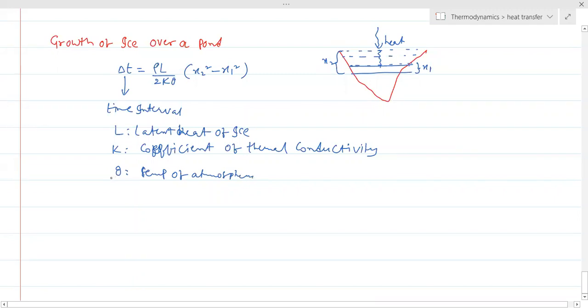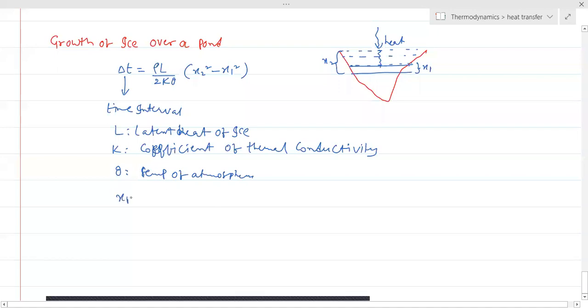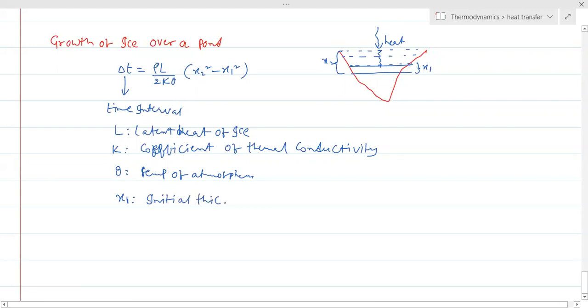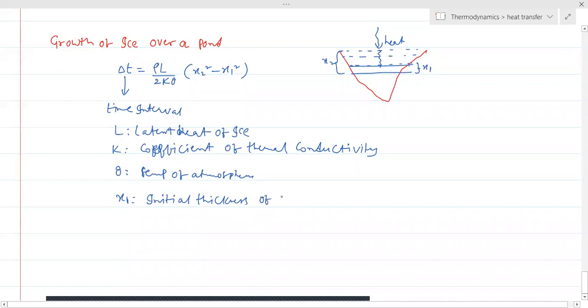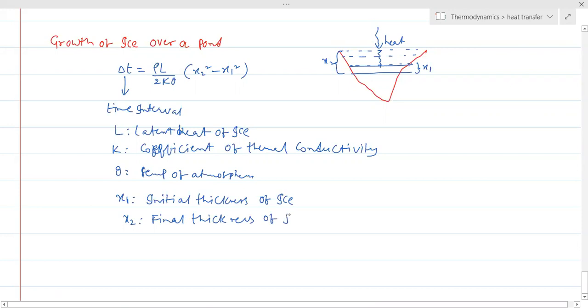So technically it is minus theta. X1 is the initial thickness of ice, and X2 is the final thickness of ice. So this is very, very important. And rho means density of ice, that is fixed at 0.9 gram per cc.